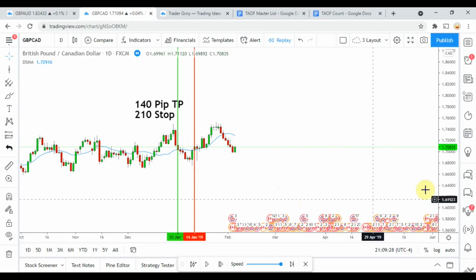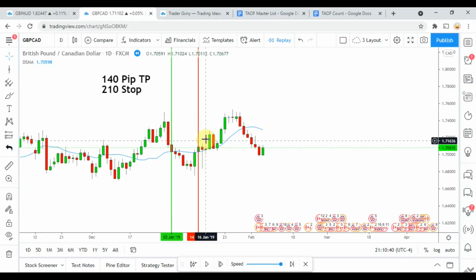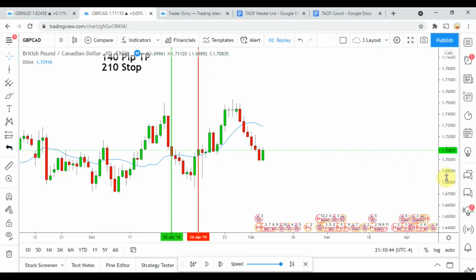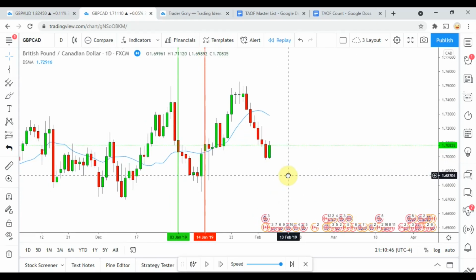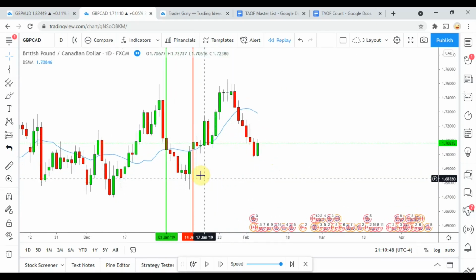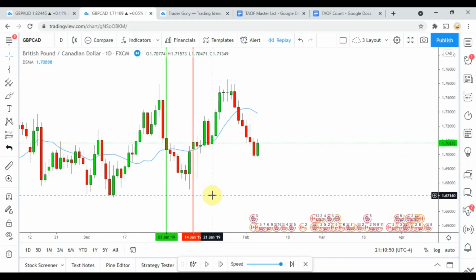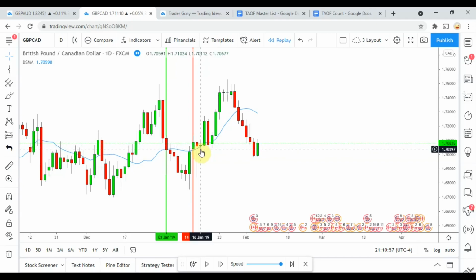What's that? All right, then we get this candle right here. And so this happens from time to time when you have a single line type indicator that you're dealing with, especially when you're looking for a price action break to one side or the other. And so here on this candle right here, you can see that the open of this candle was 1.70591.